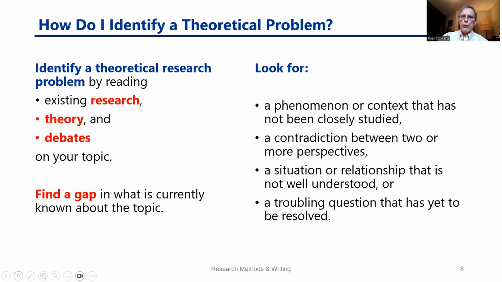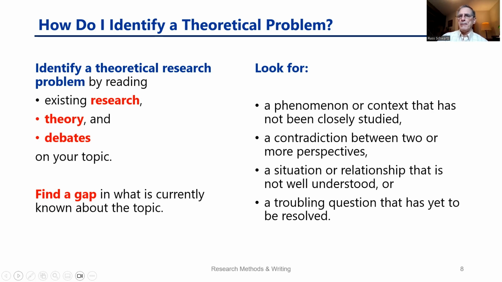So look for a phenomenon, and a phenomenon is a big word for just anything that exists or happens in the world. Look for a phenomenon or context that is a place or a situation or a group of people that has not been closely studied yet. Look for a contradiction between two or more perspectives.